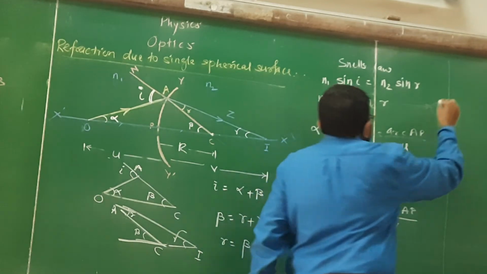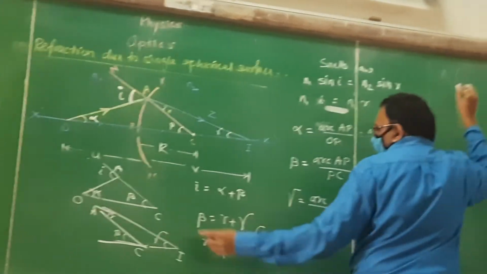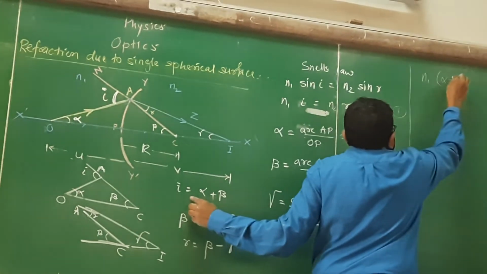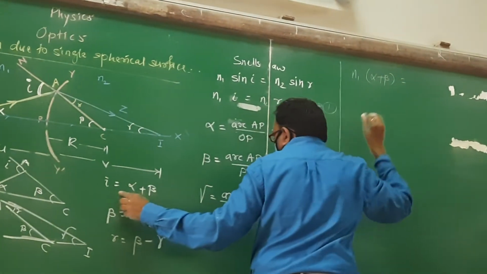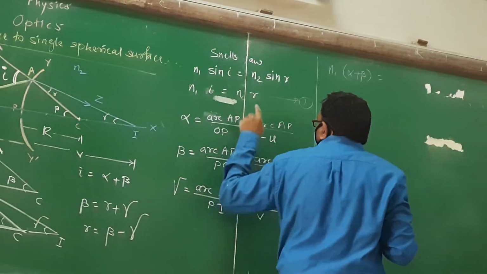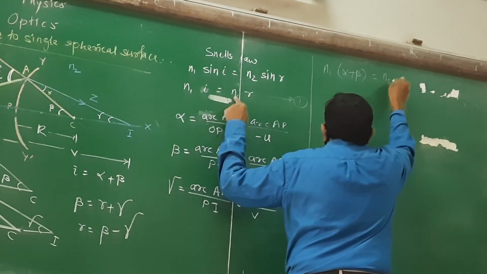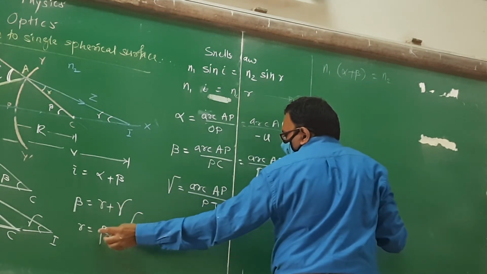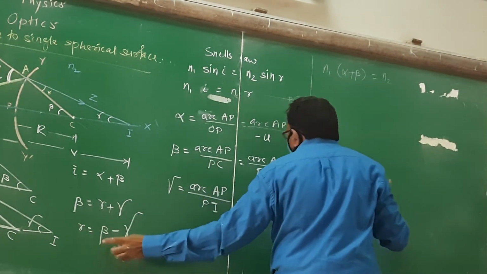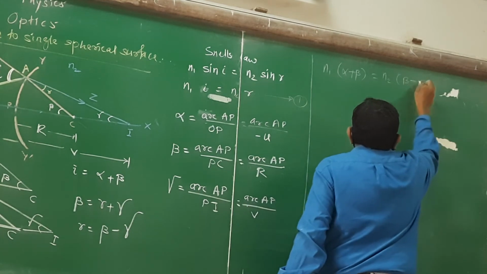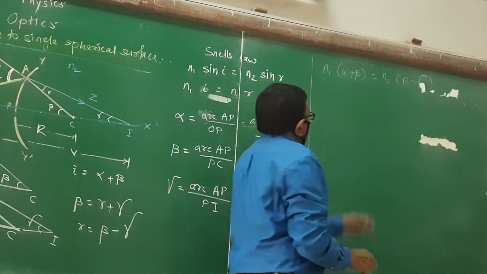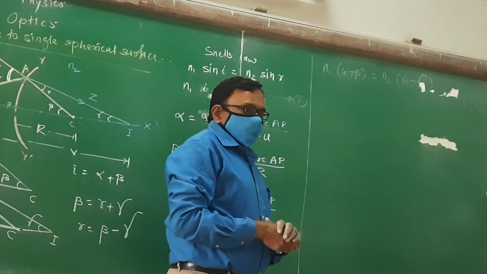So N1 into alpha plus beta is equal to N2 into r, which means beta minus gamma.